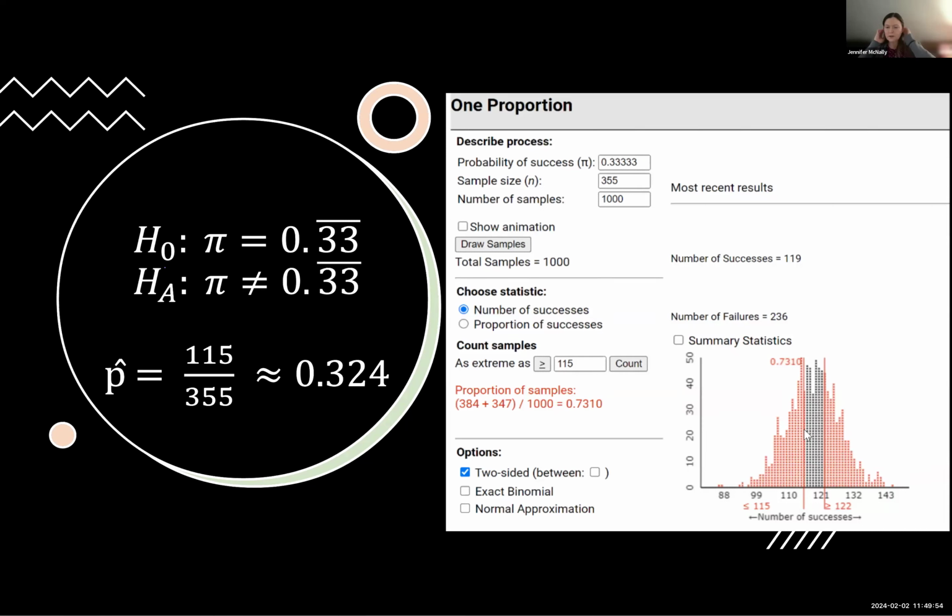All right. I'm seeing that a lot of people are saying they see a lot more red. In fact, 73.1% of our random repetitions came back as extreme as our sample data. And what does that tell us about the plausibility of 33%, of 1/3?